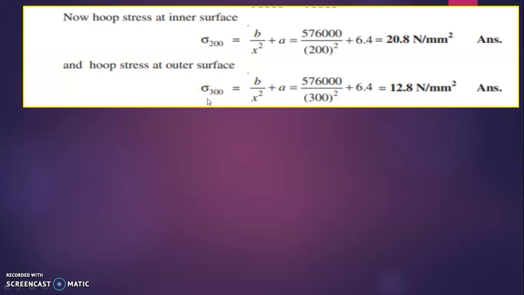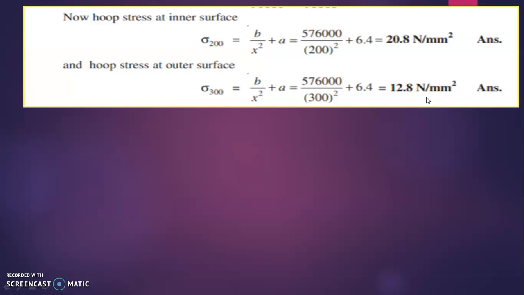So substitute again, x or r is now equal to 300, so 300 square here. Now simplify, you get hoop stress at the outer surface as 12.8 Newton per millimeter square.